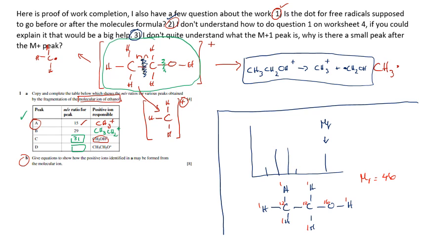Let's change to purple. However, 1% of naturally occurring carbon is actually the carbon-13 isotope, and 1% is quite a reasonable percentage. So there is a chance that one of these two carbon atoms is actually a carbon-13.